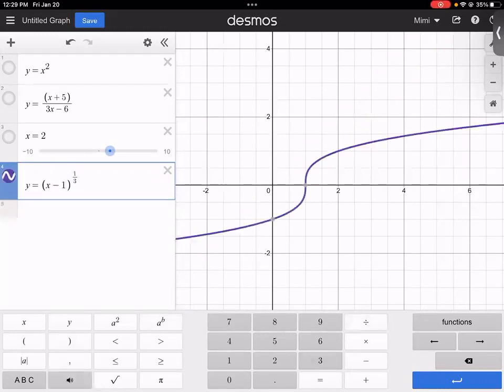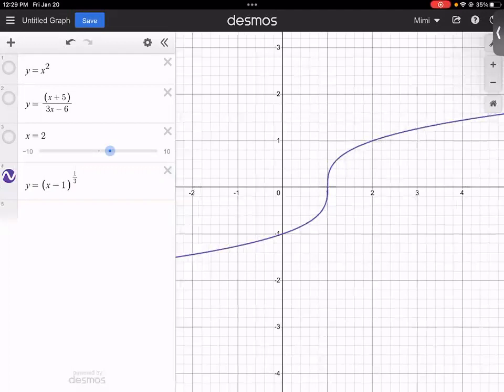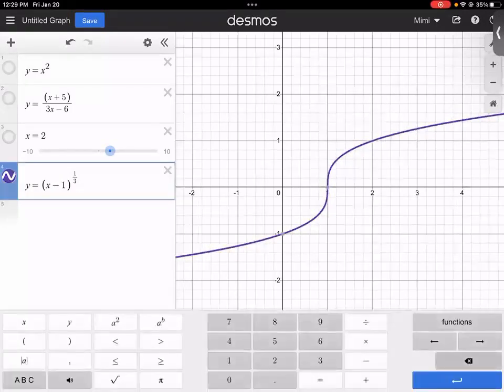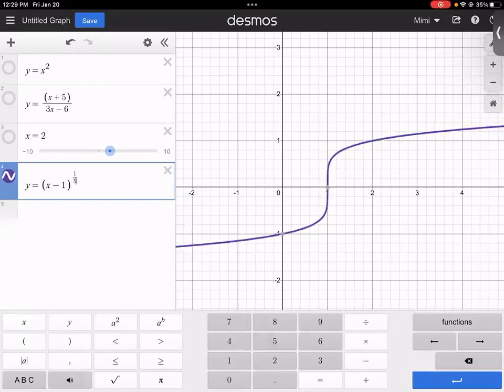I'm lazy, so I'm gonna raise to the 1. If you want to do cube root of x minus 1, same thing. Can someone tell me what the domain of my cube root function is? Everything, right? If I were to change it into fifth root, same thing, right?